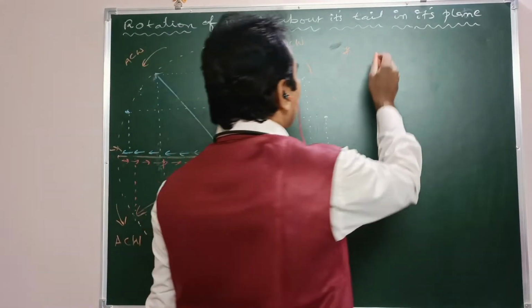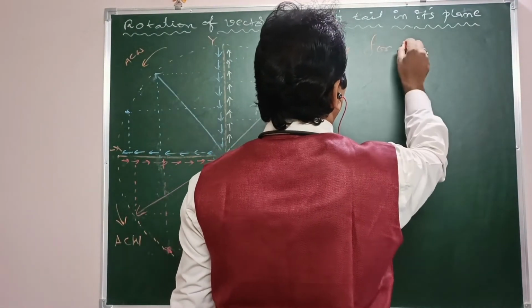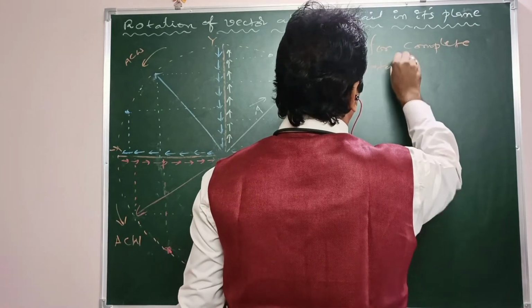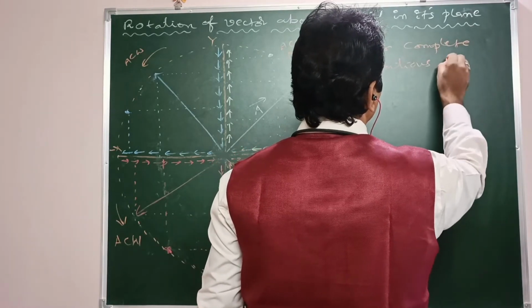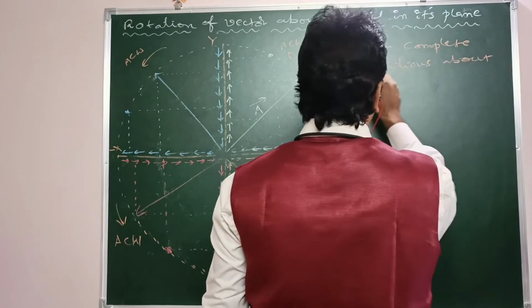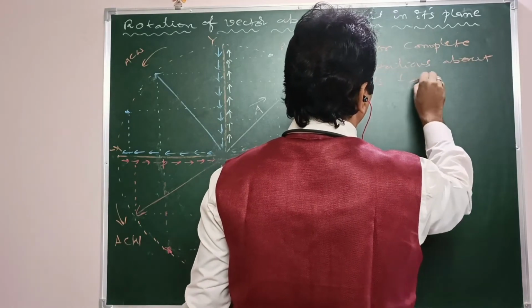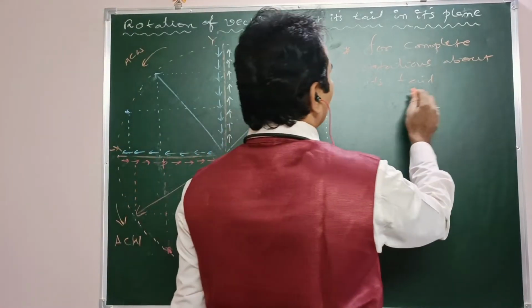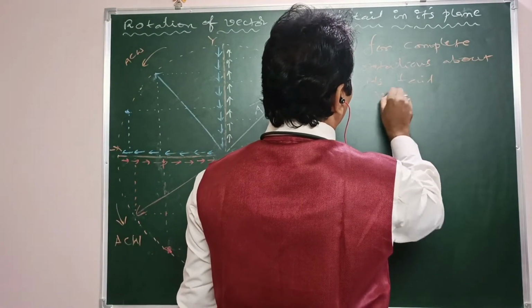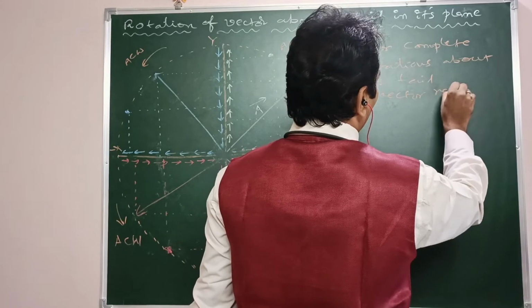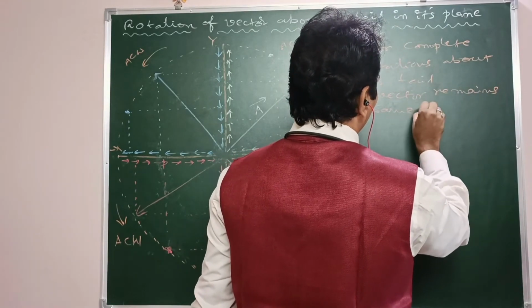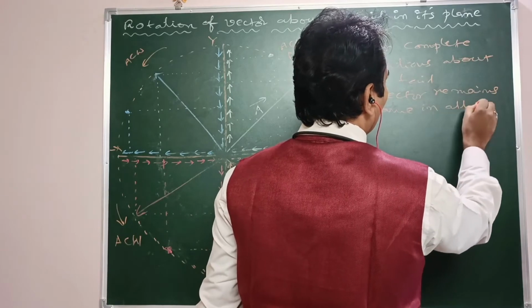So for complete rotations about its tail, vector remains same in all aspects.